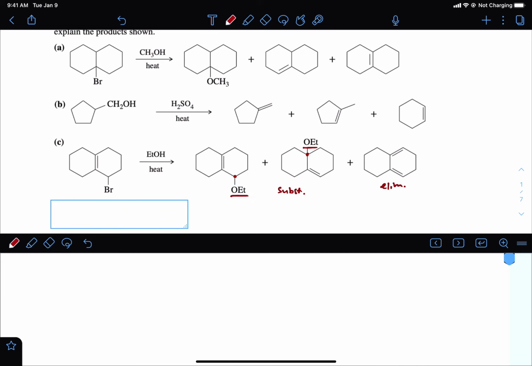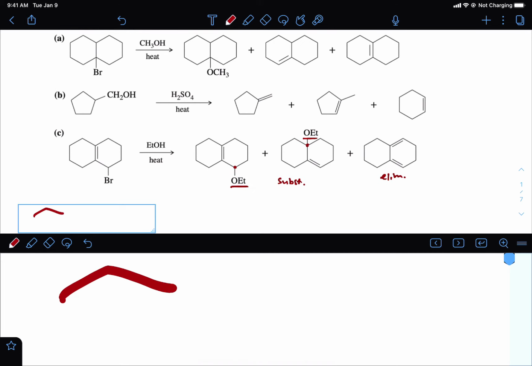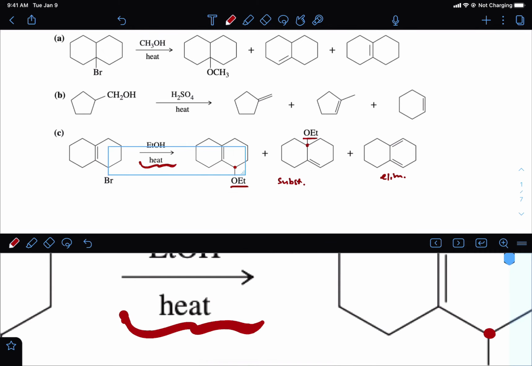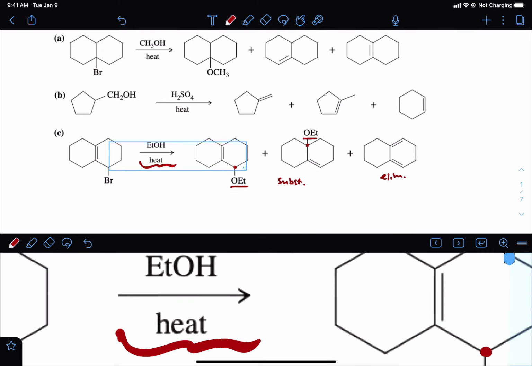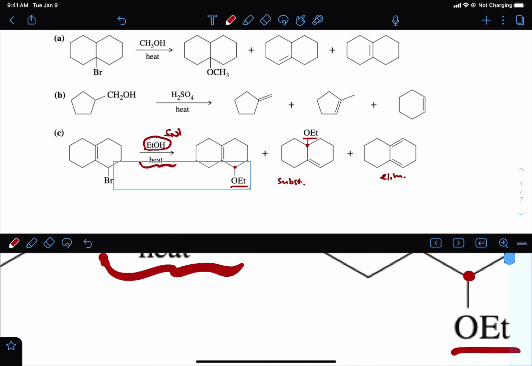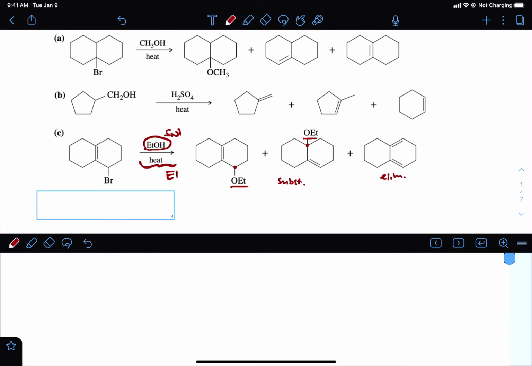I think probably the easiest place to start is to actually recognize what our reagents are saying. Okay, neutral nucleophile means SN1. Heat with a neutral nucleophile means E1. Okay, so we've got those 2 mechanisms.